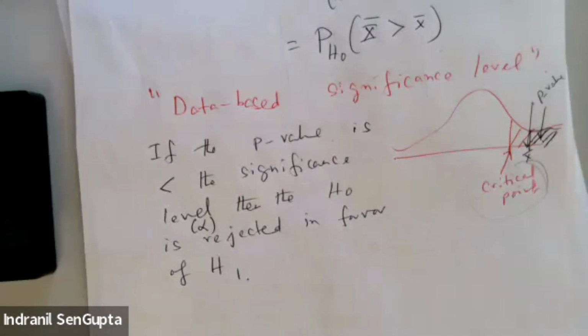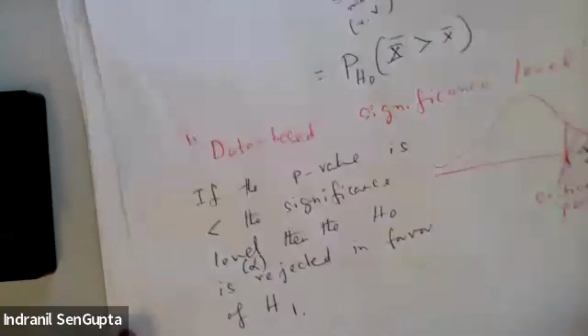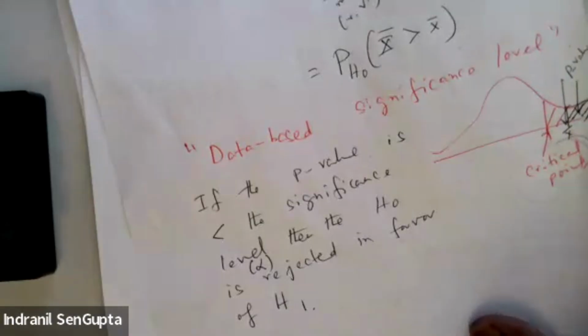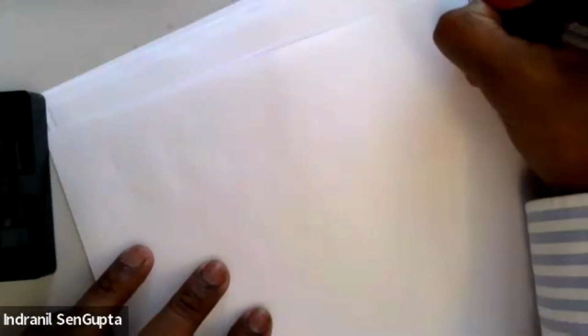If it's less, you reject the null hypothesis and take the alternate hypothesis. Now we have defined all the quantities that we needed, and let me show you another example that will clarify one more topic, and that will be the conclusion of this section.